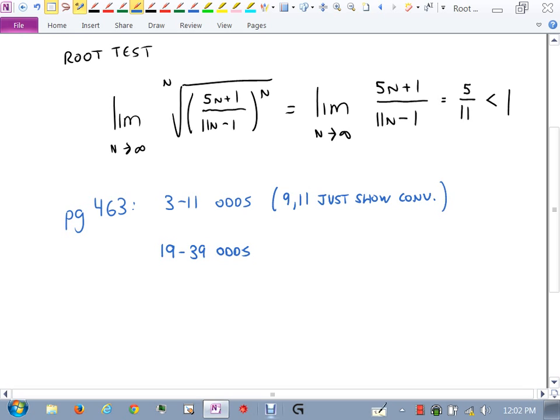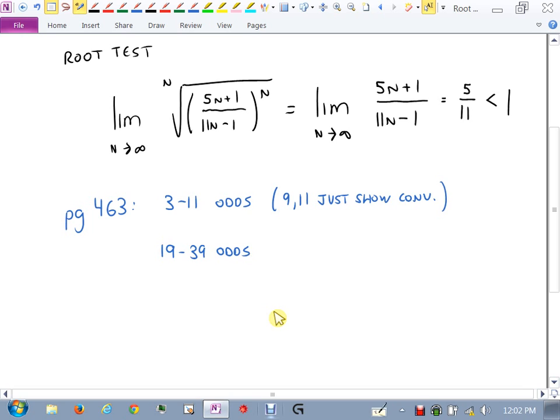Okay, so on number 9 and 11, I say just show convergence because there's part of this section I did not cover. When we determine a series is convergent, there is a formula that we can use to compute an error, so we can find the sum within some error. I just didn't cover that.